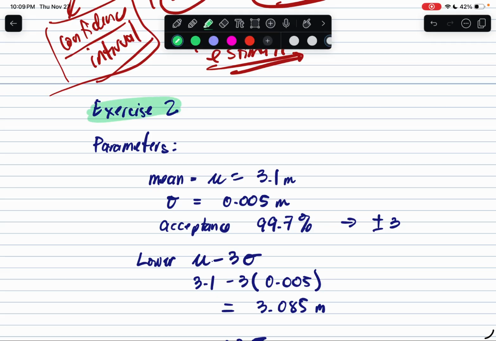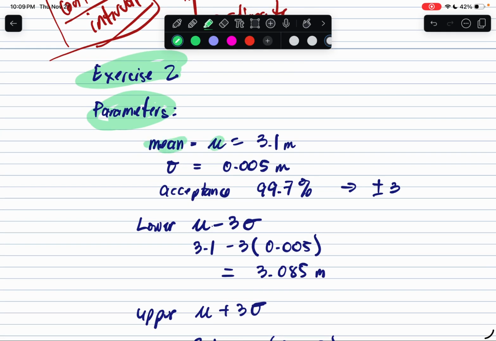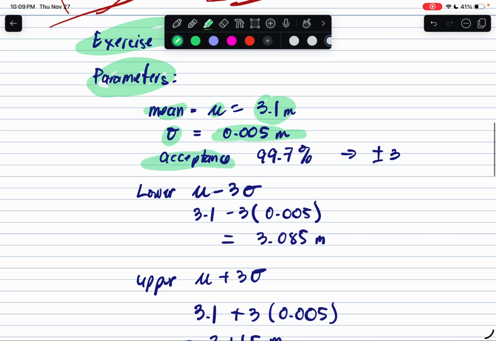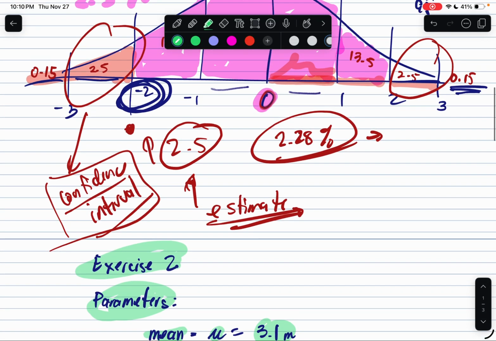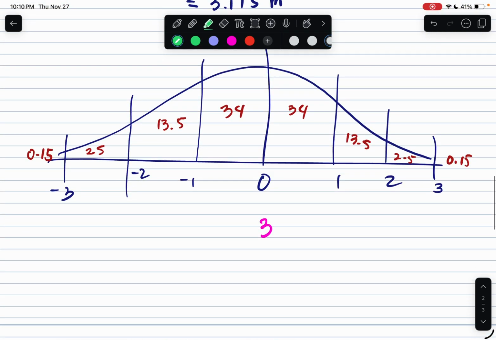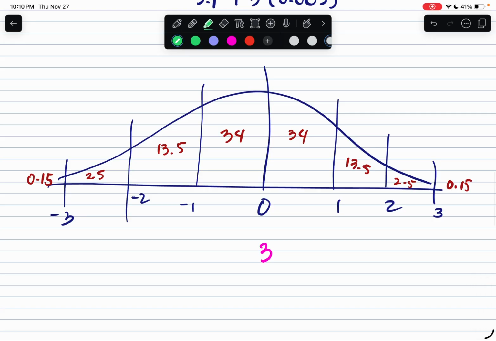Okay, so exercise number 2. Here are the parameters again. I have the mean, mu, so 3.1, and the standard deviation, which is 0.05. Now our acceptance is at 99.7%. So if we go back here, the 99.7% should be all of this.